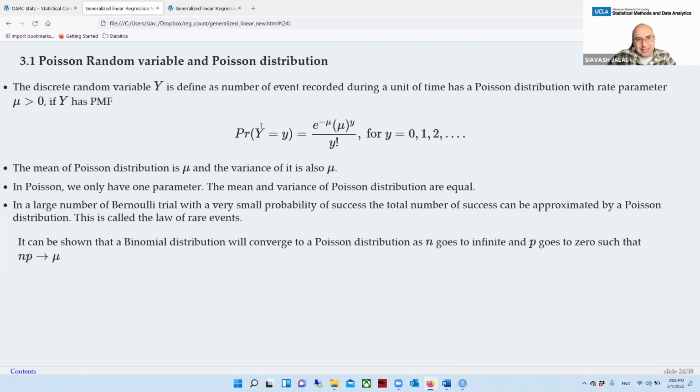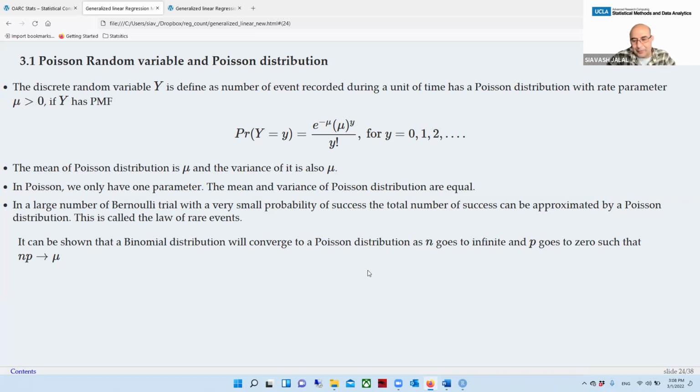Poisson is used for count data. So you get values 0, 1, 2, 3, right? For example, the number of people that get admitted to hospital having COVID. It could be 0, could be 1, could be 2, and so on.